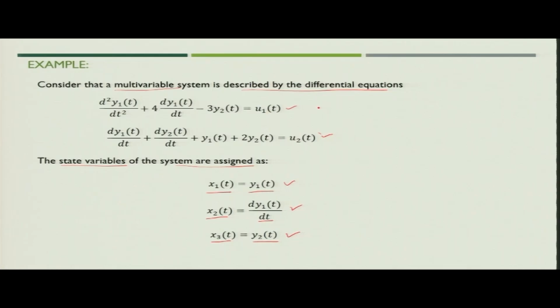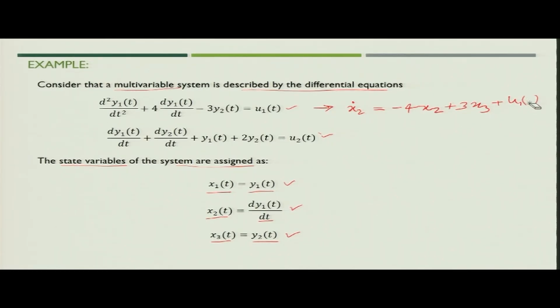Now, if you put the value of the state variables which we have just assigned, d2y1 by dt2 can be written as dx2 by dt, or you can simply write x2 dot equal to minus 4 dy1 by dt, which is nothing but x2, plus 3y2, y2 we have defined as x3, plus u1.